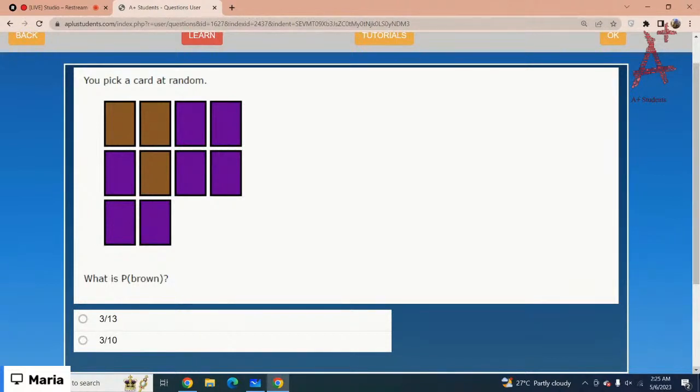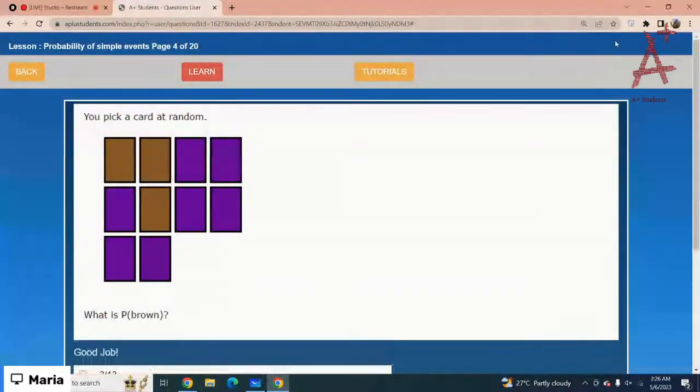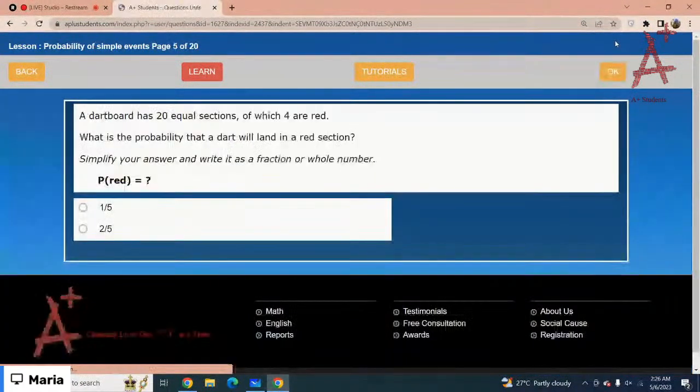It would be 3 over 10 because the total cards are 10, not 13. The correct option is 3 over 10 because 3 of them are brown and the total are 10, so it would be 3 over 10.